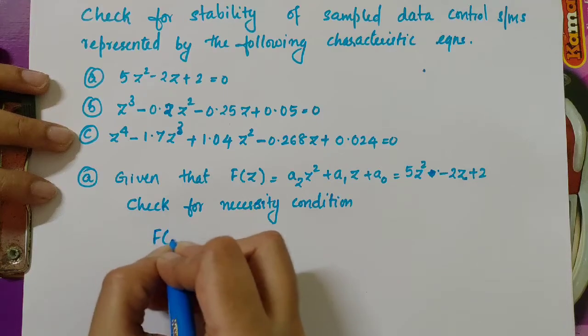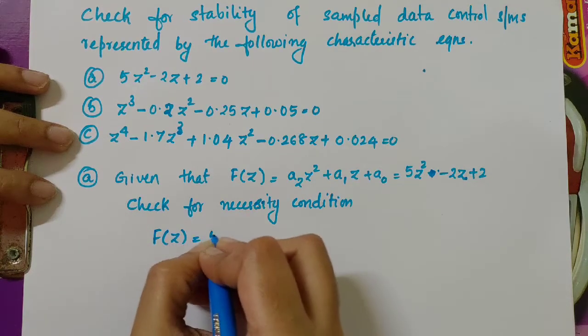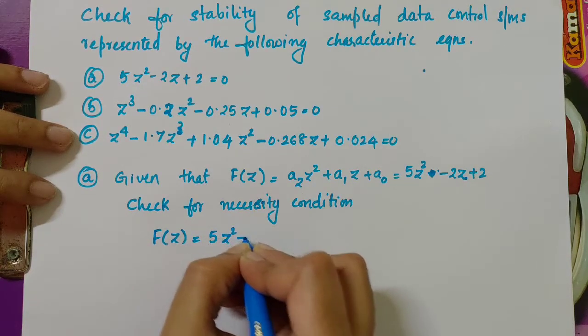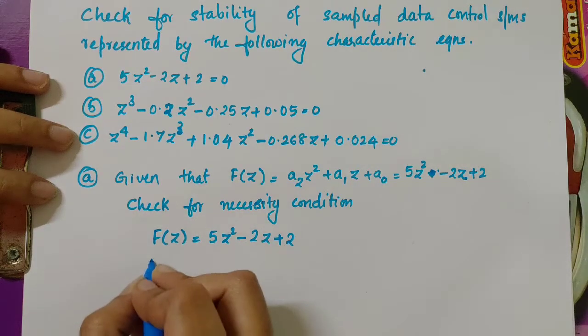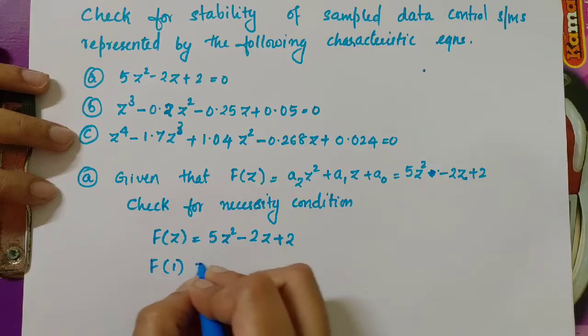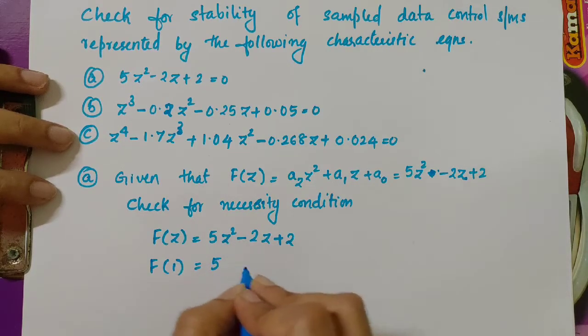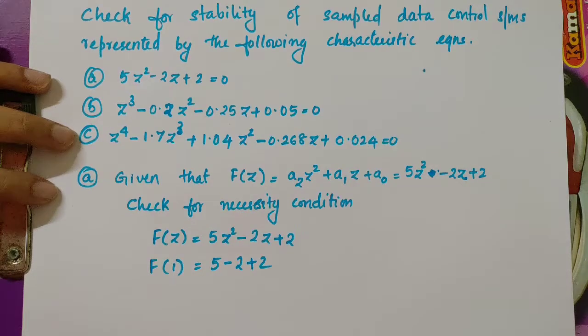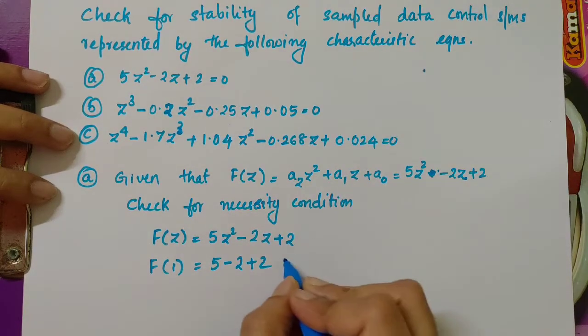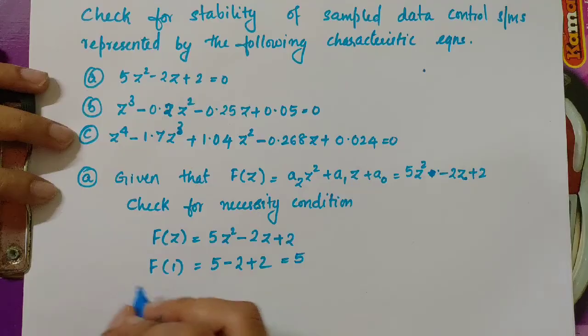F of z is equal to 5z square minus 2z plus 2. F of 1 എന്ന് പറയുമ്പോൾ എന്താണ്, 5 into 1 square minus 2 plus 2, that is equal to 5.